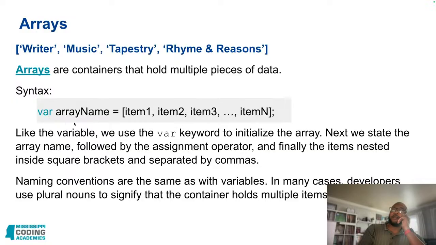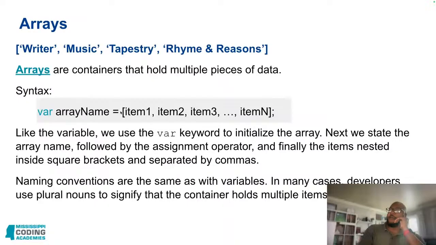And then we give the array name. It follows the same conventions as the variable name. So you can look at the video before the previous video and you can see what those rules are. But the name of the arrays is formatted the same way as the name of a variable.